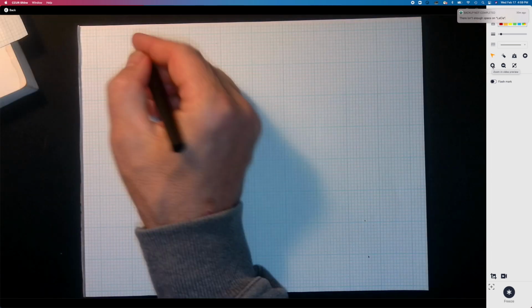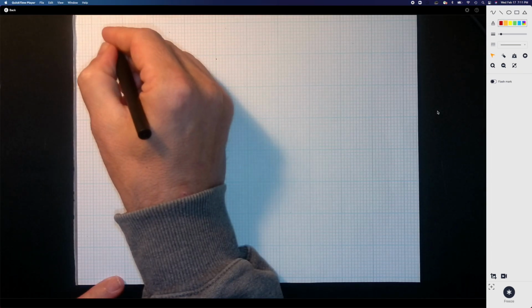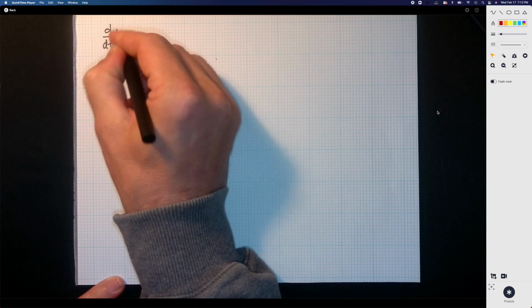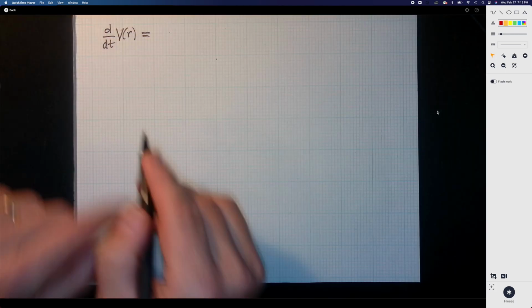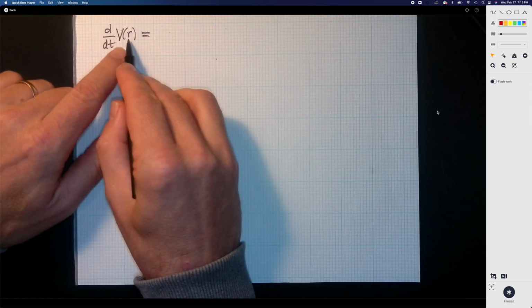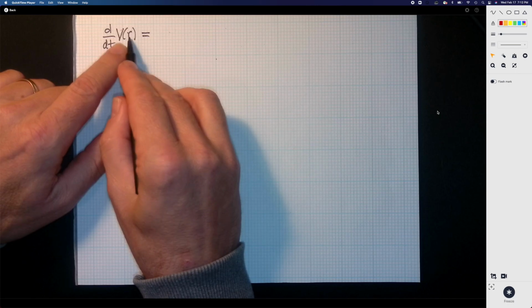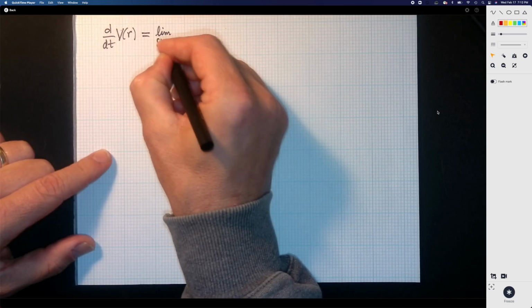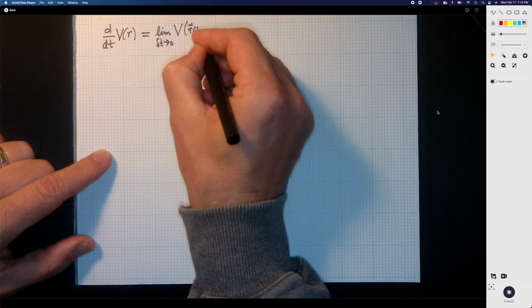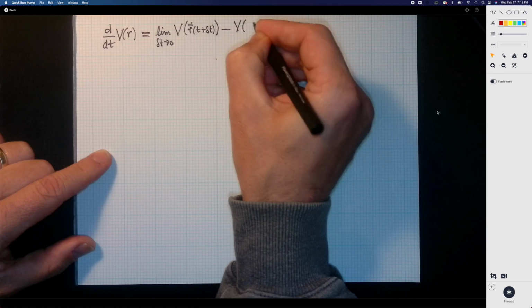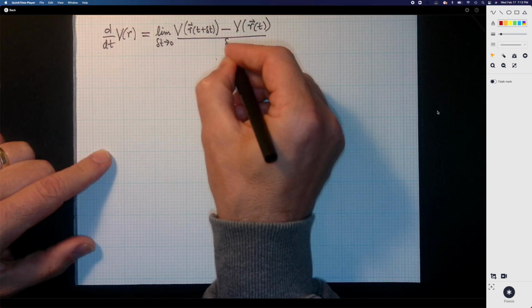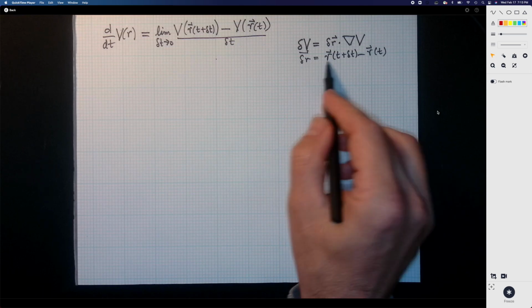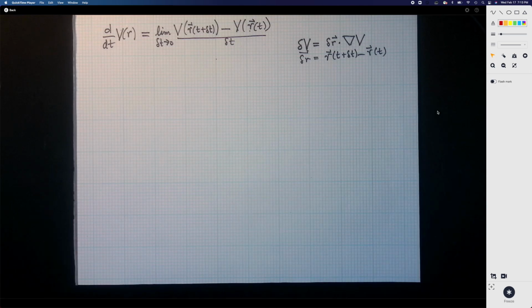And now we're going to take the time rate of change of the potential energy, the time derivative d by dt. Here, this is the total time derivative, and so V is implicitly a function of time through the fact that the position vector can be moving in space. So this becomes the limit as delta t goes to 0, where delta r is the vector difference between r at t plus delta t and r at t.